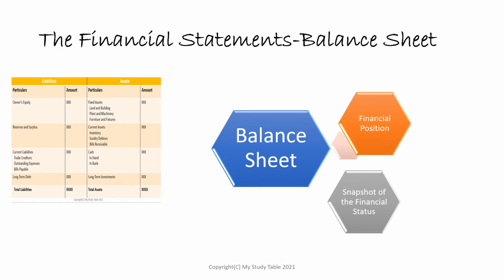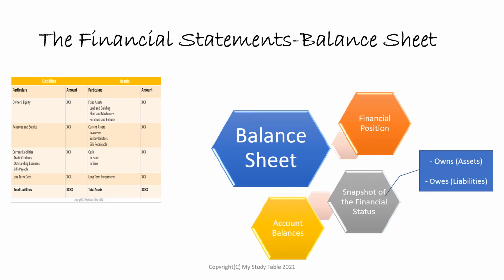It is a snapshot of the financial status or the condition or position of the firm. It summarizes what the company owns, that is assets, and what it owes, that is liabilities. So what it owns and what it owes to outsiders and shareholders.